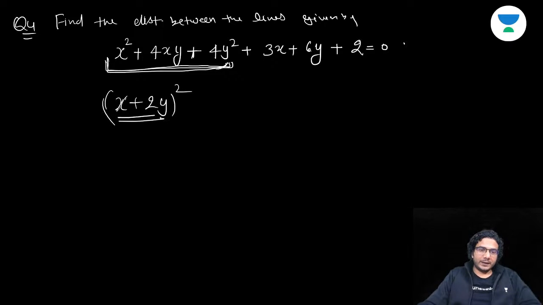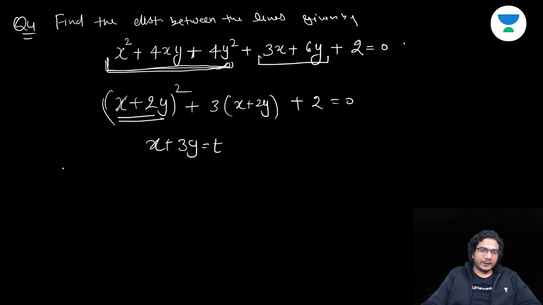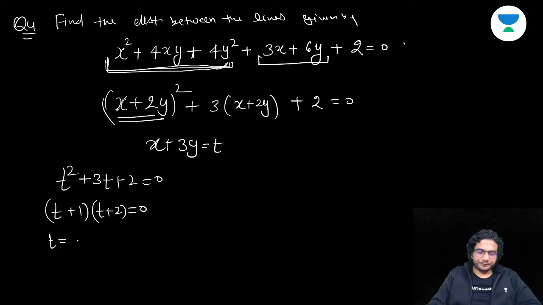And the same linear expression we will get here also. So if you take 3 common, this is x plus 2y and plus 2 is equal to 0. If you take x plus 2y is equal to t, then this is written t square plus 3t plus 2 is equal to 0. So you'll get t plus 1 into t plus 2 is equal to 0.